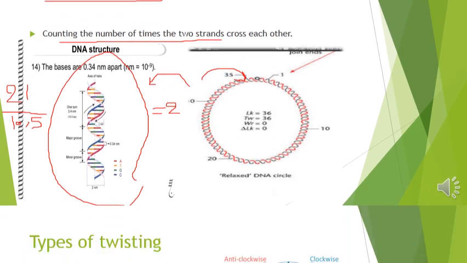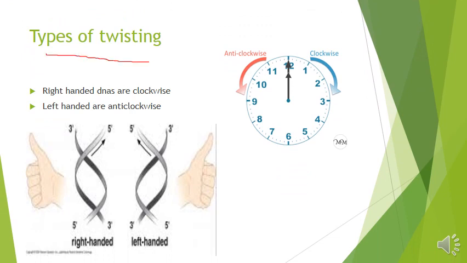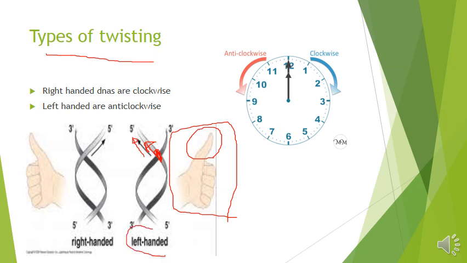That is why we should know the types of twisting. According to the law of handedness in physics, if we place our right hand in this conformation with our right thumb pointing up, and then with our right thumb we follow this strand which is passing over the other strand, and we follow it from this groove, our right thumb is pointing toward the left, so this is left-handed DNA.